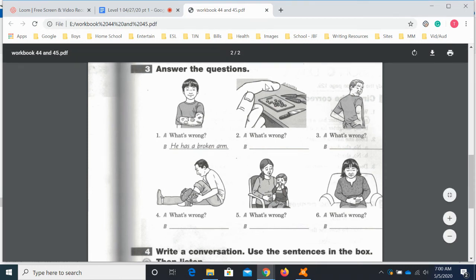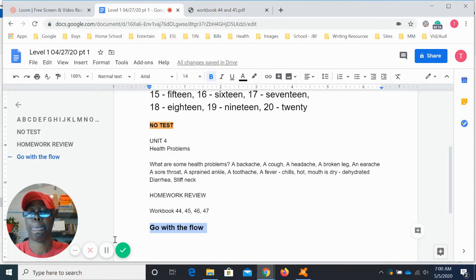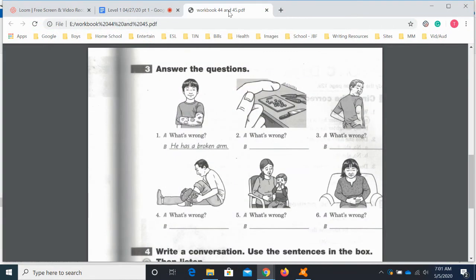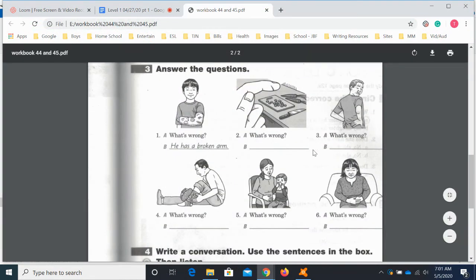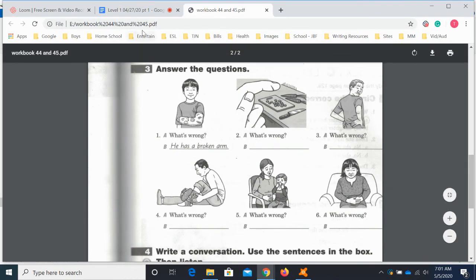And I'm going to do something here. Okay, I wanted to write these down so that you guys will be able to see how these answers are spelled. And since we can't see both pages at the same time, we will go through each one and then we will come back.